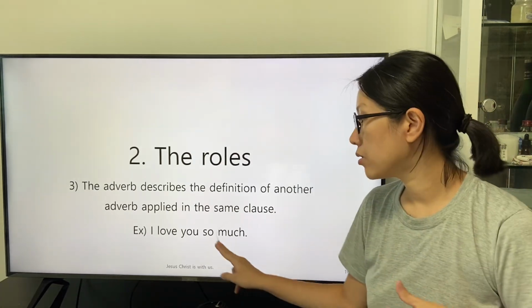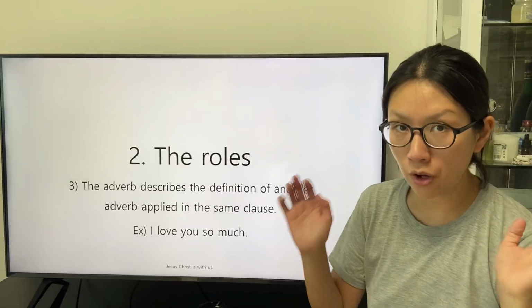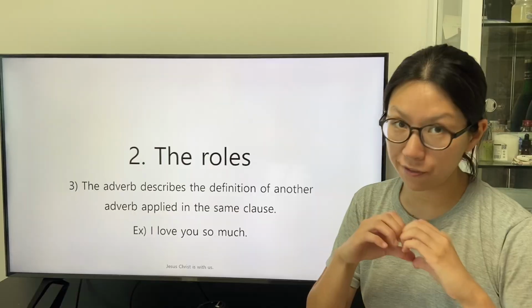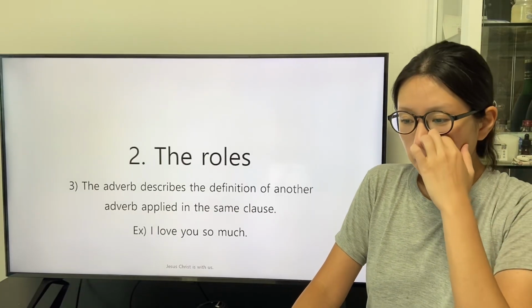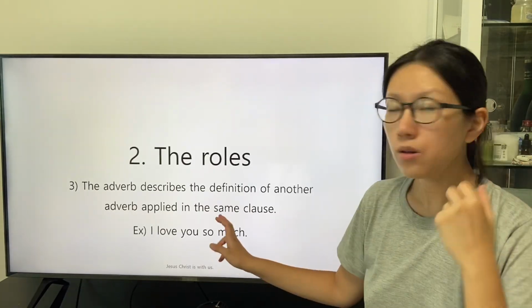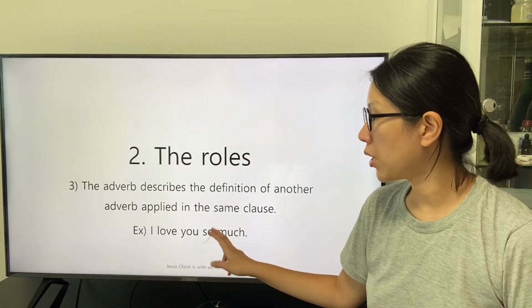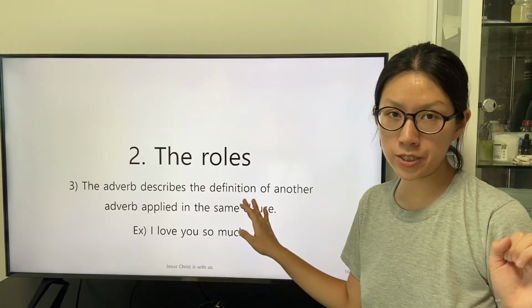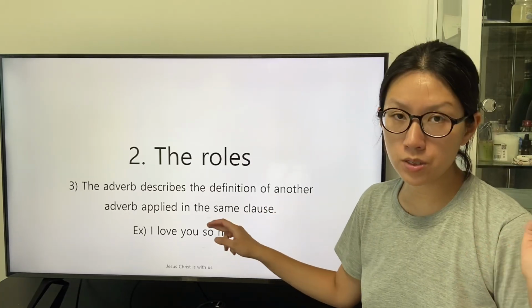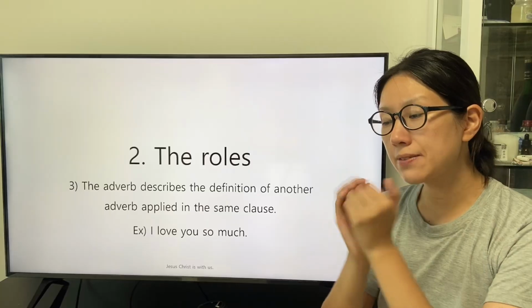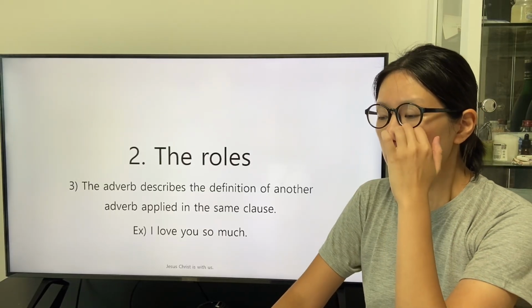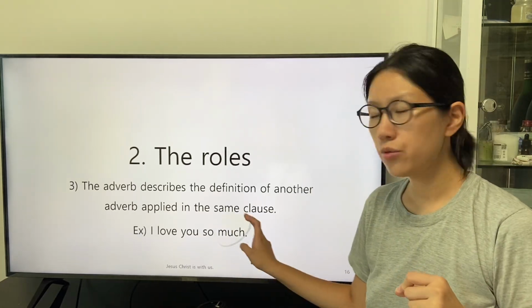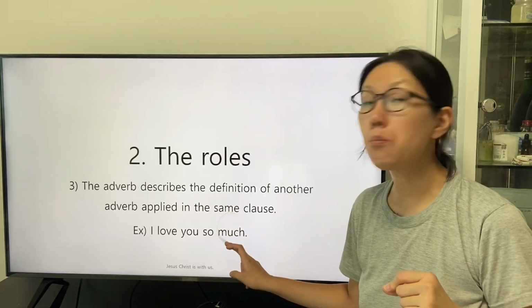In this clause, the word much is applied as an adverb to specify the definition of the transitive verb love, while specifying the magnitude. The other adverb so specifies the intensity of the description by the adverb much.